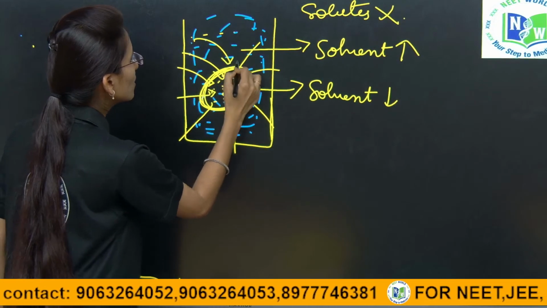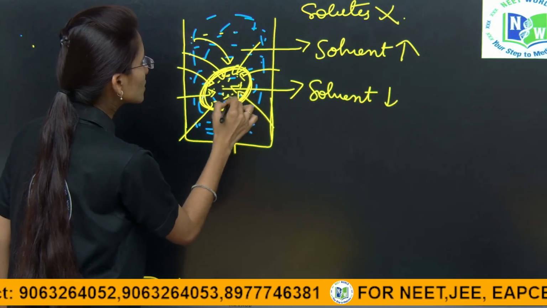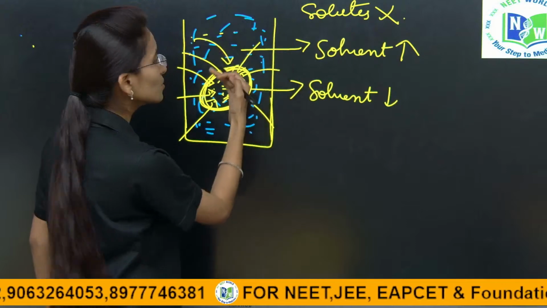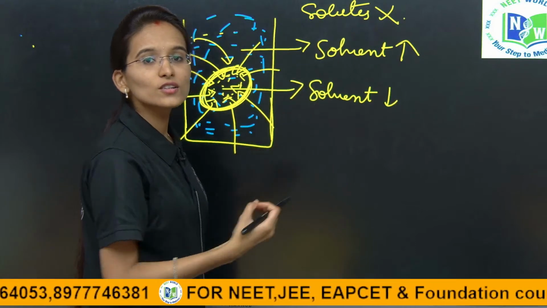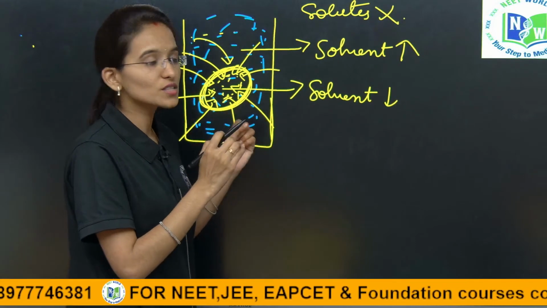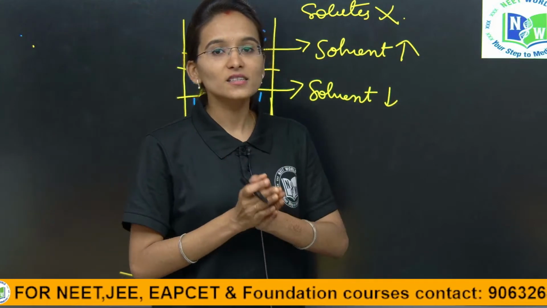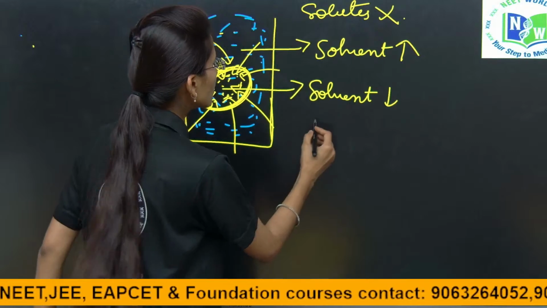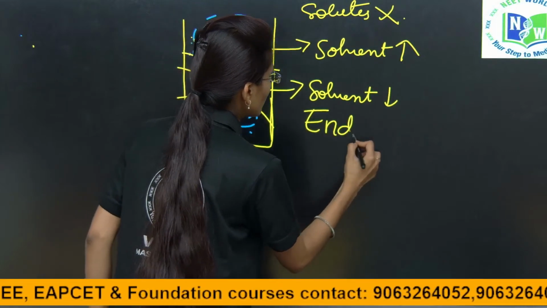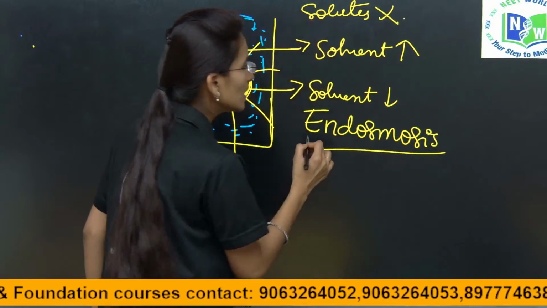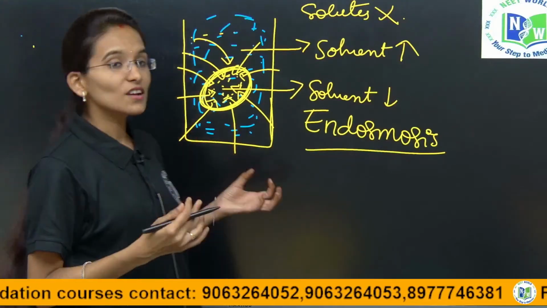So outside the cell environment the concentration of solvent is more, hence it moves from here to here. Hence the solvent molecules are going to diffuse from outer cell surface to the inner cell surface. Here the mechanism you can observe is endosmosis. In the endosmosis the cell will gain the water.